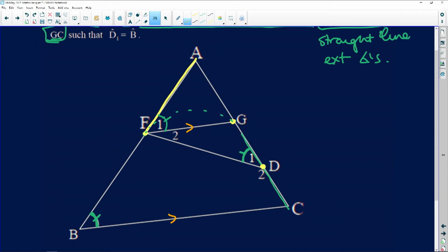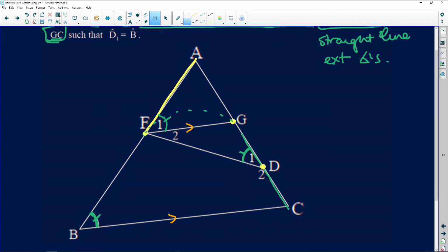And with them becoming parallel, there's other relationships in this diagram that we need to be aware of, and that we need to make note of when we deduce things about a diagram. Okay, so I can say that this angle here is also equal to this angle here at the bottom, because they are correspondingly equal, just like these two were equal.